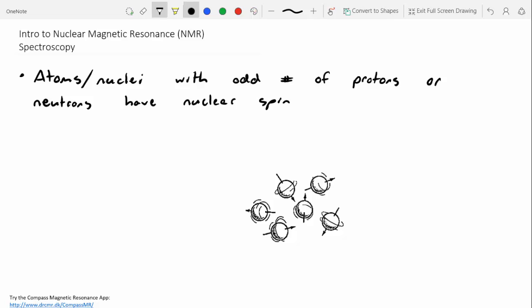And let me describe what I mean by this. And specifically, we're going to focus on the nucleus. So I'm just going to draw our generic nucleus as a circle. It's got a positive charge because it's a mixture of protons and neutrons.